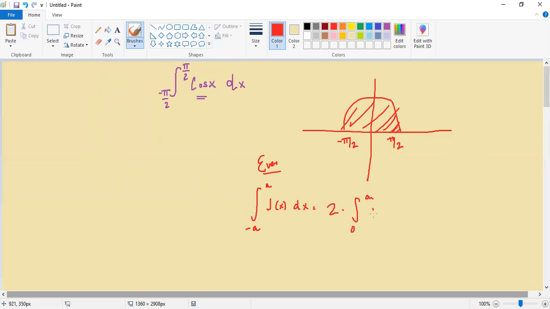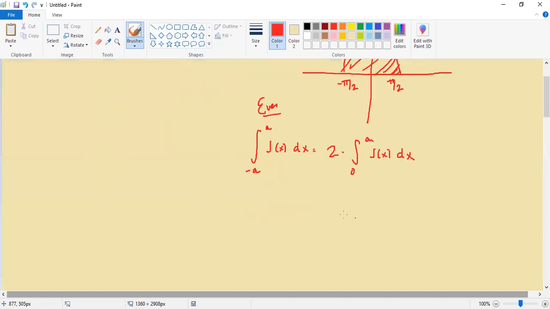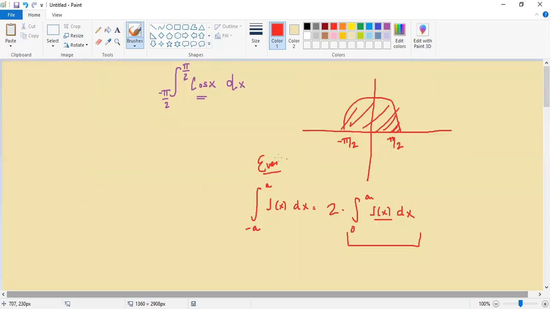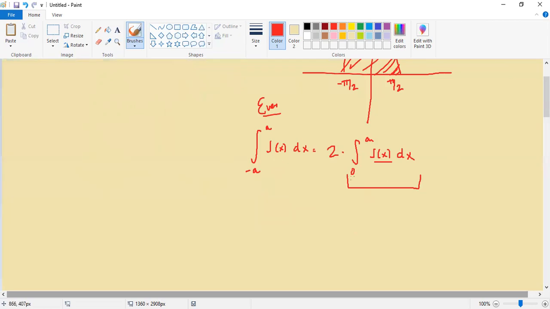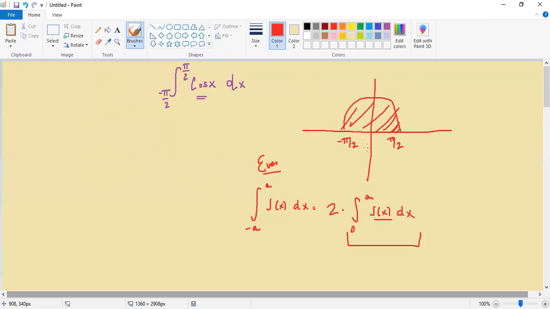of f of x dx. So really, we're looking for the antiderivative of f of x, which in this case is cosine, on this particular interval.